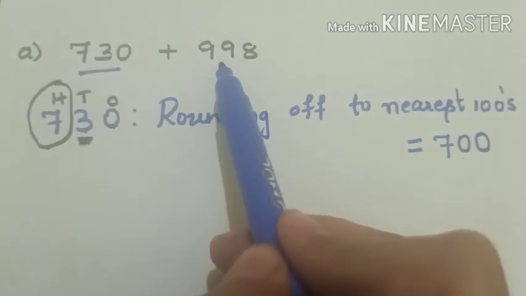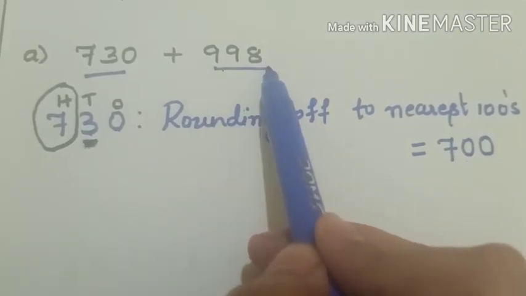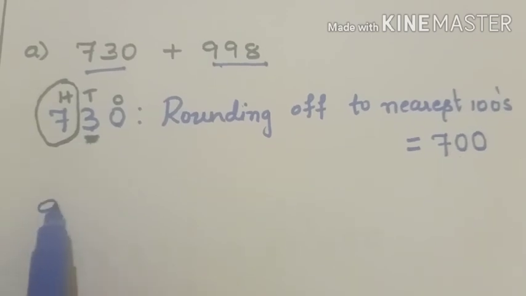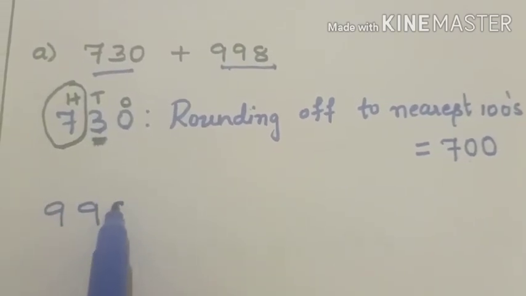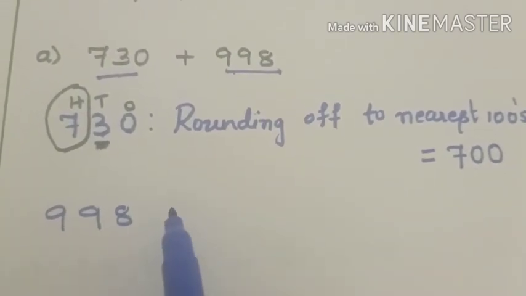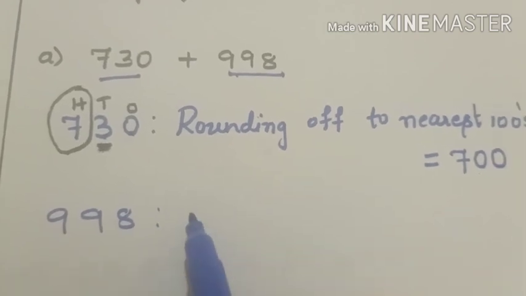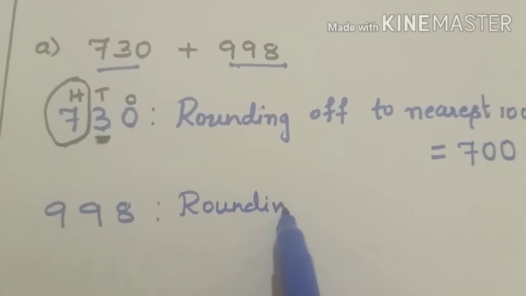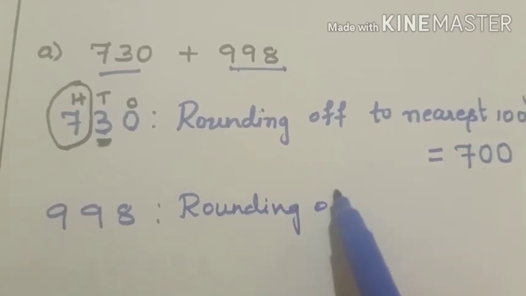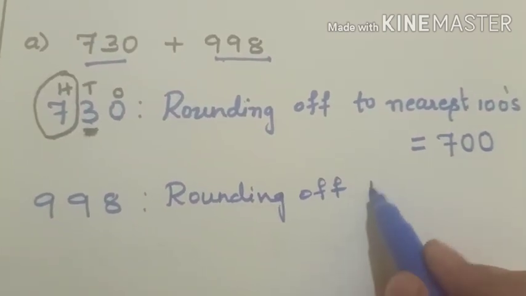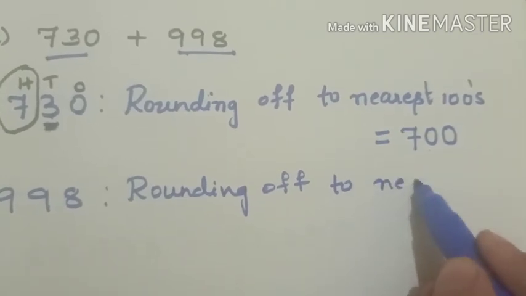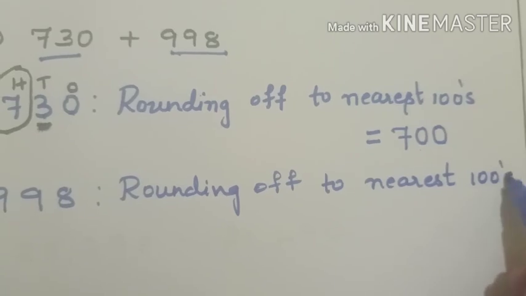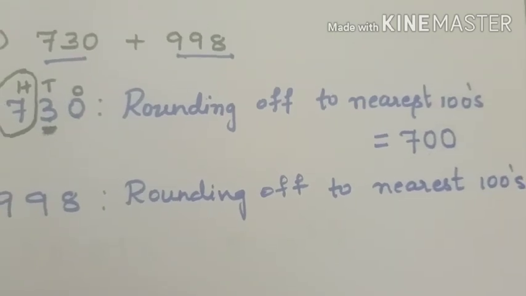Let us see the rounding off of the next number, 999. Write down 999, right? This also you should round off to the nearest hundreds. Why are we rounding off to the nearest hundreds here?